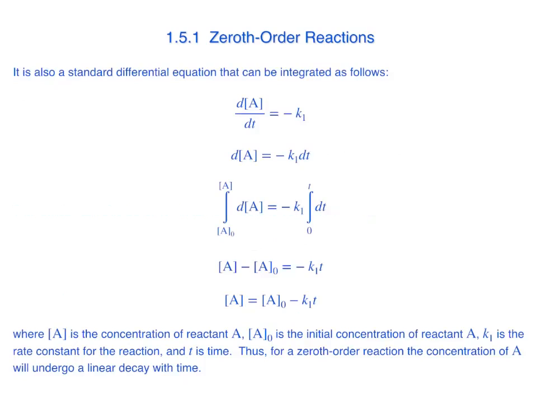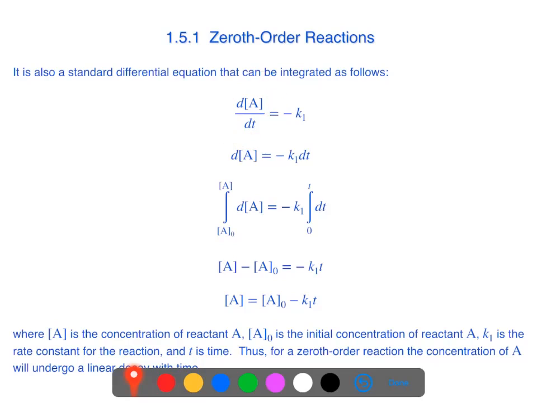So we have the change in A with the change in time, dA/dt, equal to minus k1. If we multiply both sides by dt, we end up with dA equals minus k1 dt.